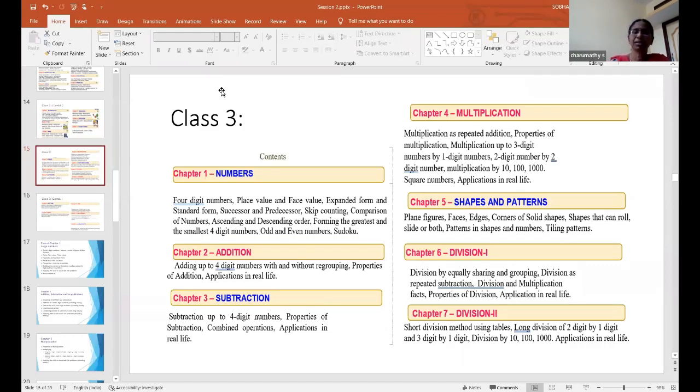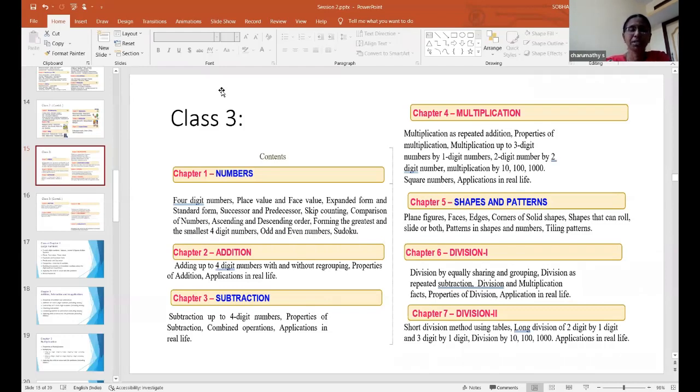The division chapter we have actually done in such a way that it is not too much in the same chapter itself. So we divided it into 2 short chapters, chapter 6 and chapter 7. In division 1, they'll again be doing equal sharing and grouping with objects. And of course, they will do division by repeated subtraction, division and multiplication facts, to know that each multiplication fact has 2 division facts, properties of division and applications in real life.